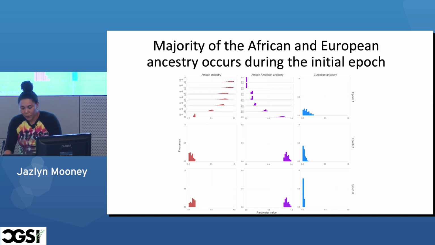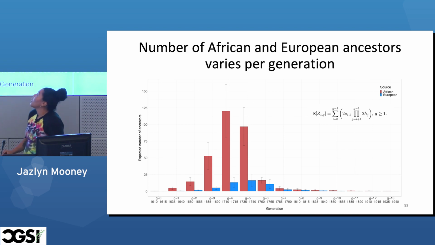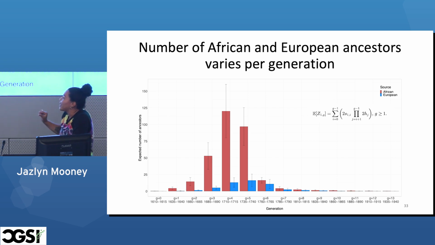So one of the last things that I want to talk about is what happens if we partition per generation for our expected number of ancestors. So we can do this by just looking at a non-recursive mean. On the x-axis here is each generation of our model.